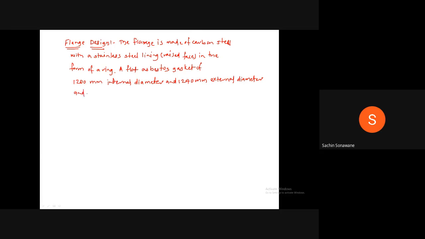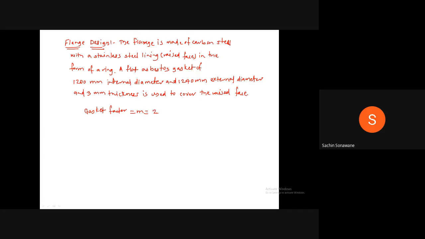is used to cover the raised face. Therefore, gasket factor m is equal to 2.